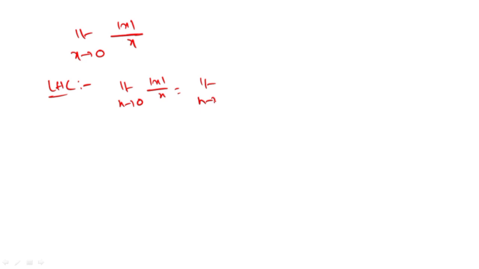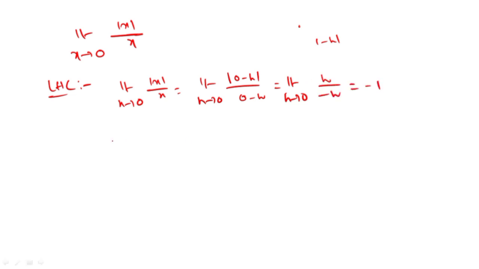So f of a minus h means 0 minus h by 0 minus h. So this will be limit h tends to 0, mod of minus h, which is plus h, by minus h.